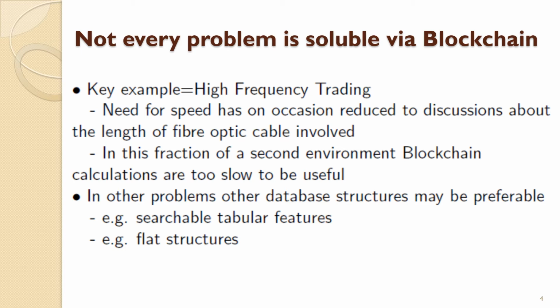Happily, the technology evolved, and this need for speed has on occasion reduced to serious discussions about the length of optic fibre cable involved in order to shave milliseconds off transaction times. So in this environment where time is money, and in terms of time we're talking about fractions of a second, blockchain calculations are too slow to be useful.